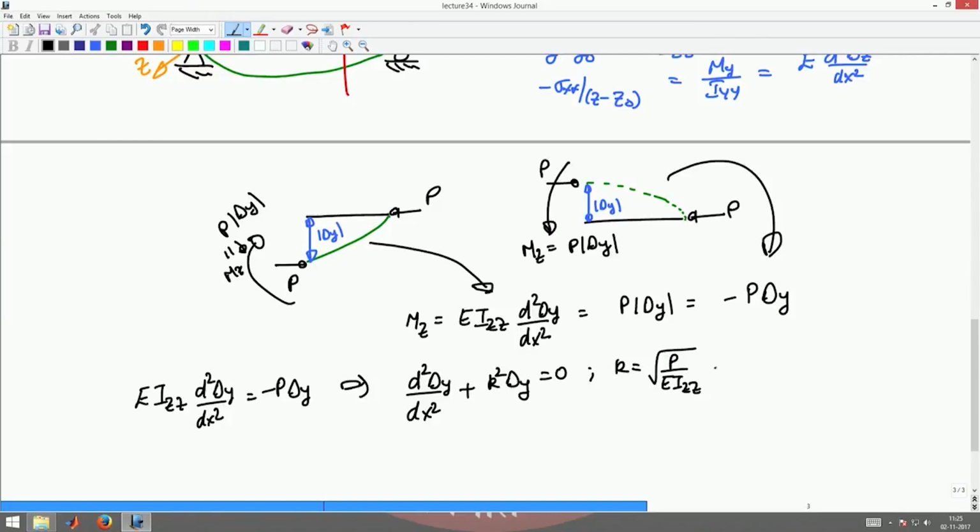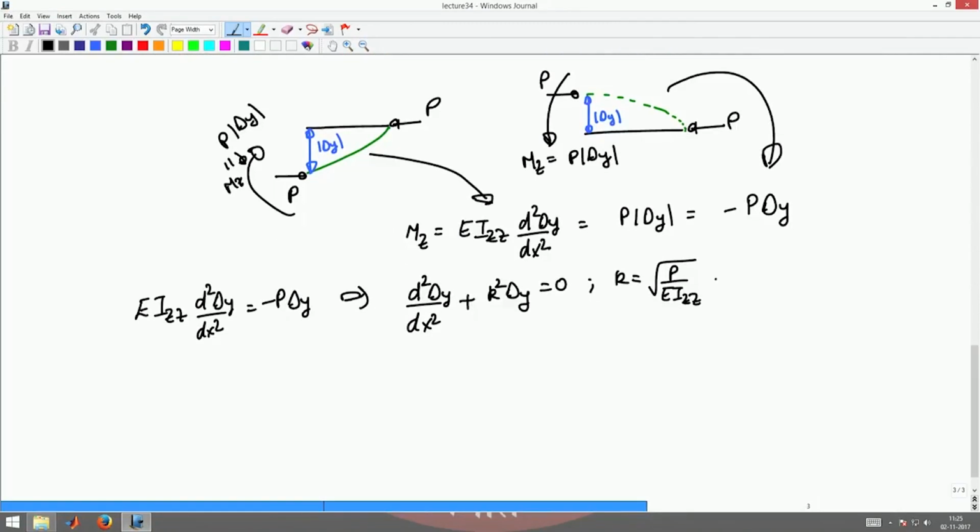Okay, now this is the second order differential equation for which the solution is known. Delta y would be of the form c1 times cos kx plus c2 times sin kx.